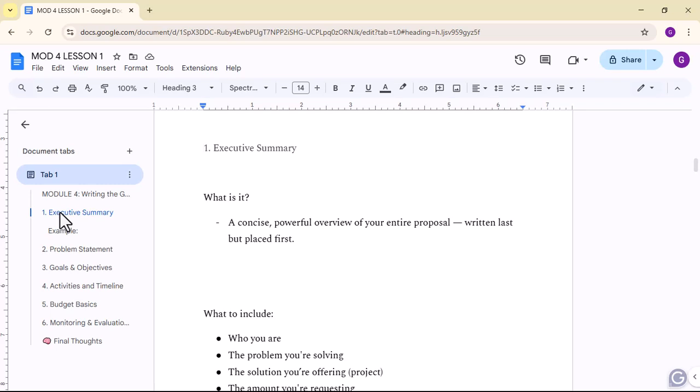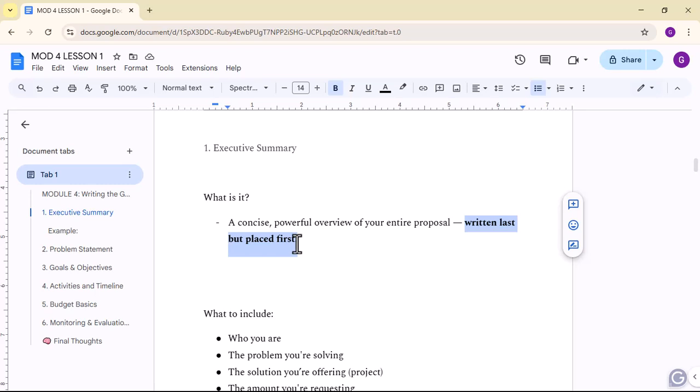Now, one thing you should note is that your executive summary is the last part of the proposal that you should write, because it's after you have put everything together that you are able to summarize all of it.